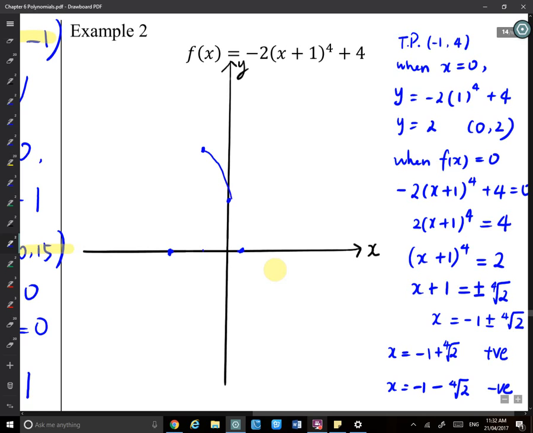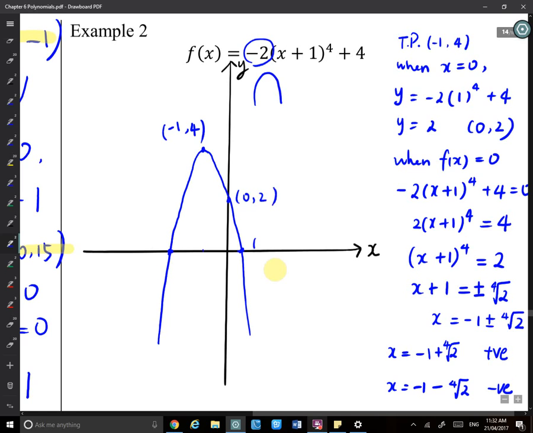So the graph will look like this. Because it's -2, the shape will be inverted. You have (-1, 4), you have (0, 2), you have (-1 + the fourth root of 2, 0), and you have (-1 - the fourth root of 2, 0).